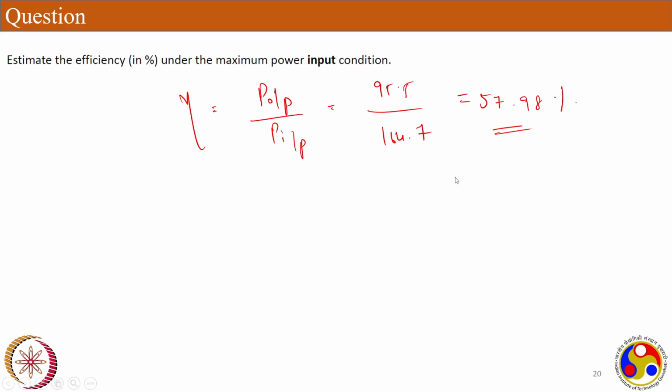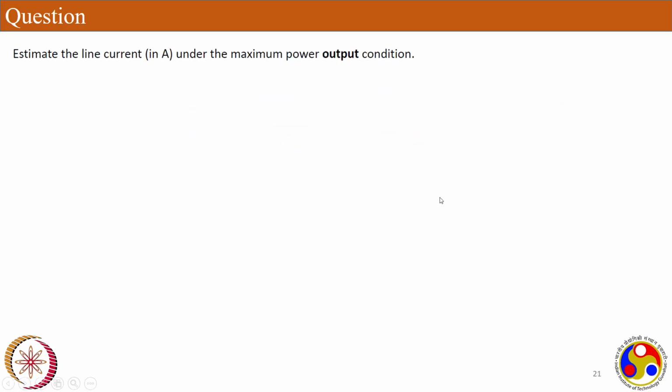Okay. Now the same question, we have to estimate the line current under the maximum power output condition. Now how can we do that? So now we are shifting to the output side calculations. So this is the motor.